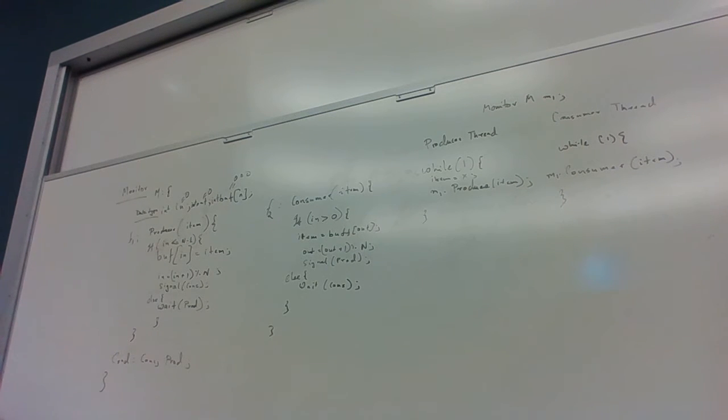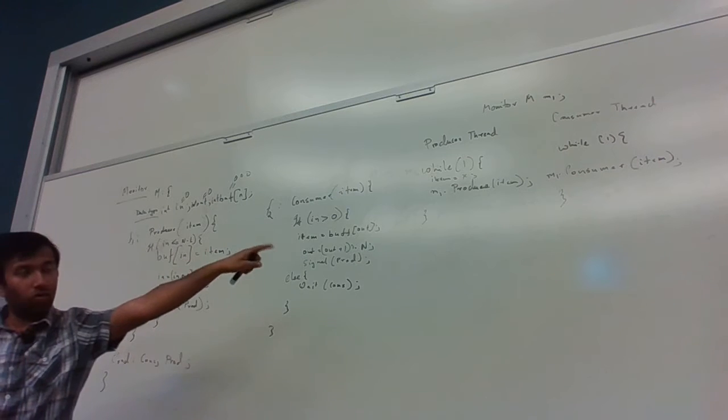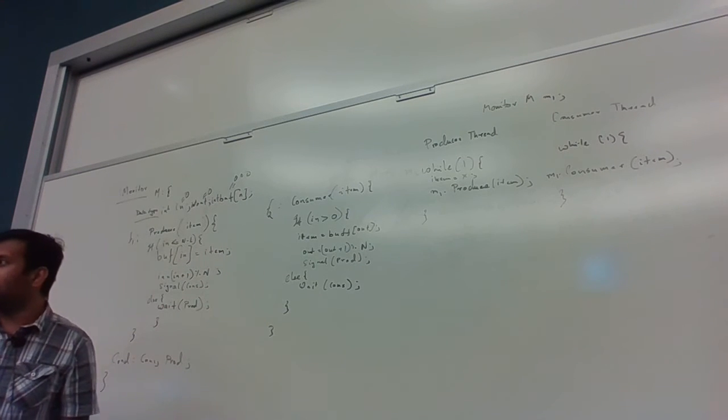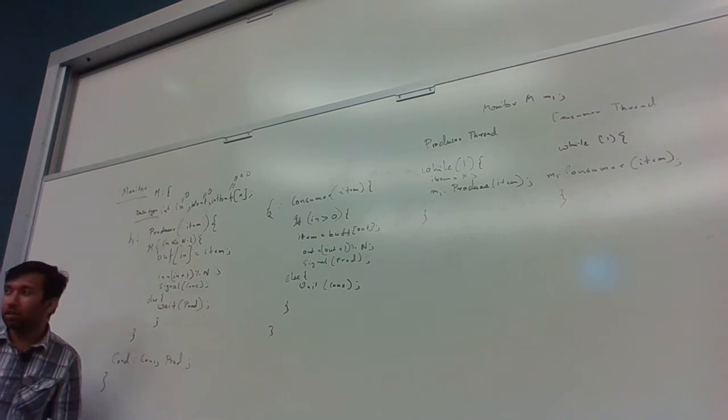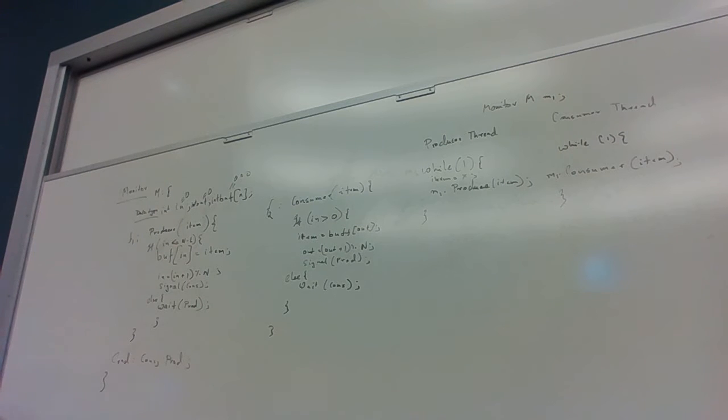This is the whole solution to the producer consumer problem. First you declare a monitor data structure with the appropriate functions, and then you write the code using that monitor data structure. Whenever I tell you to write a solution using monitors, these are the two parts you have to write. First declare the data structure, and then use the data structure to write the code. If you don't do either, then it's a problem.